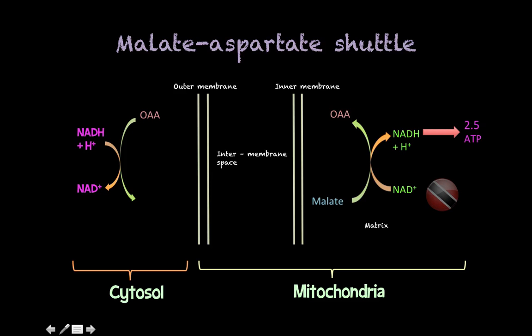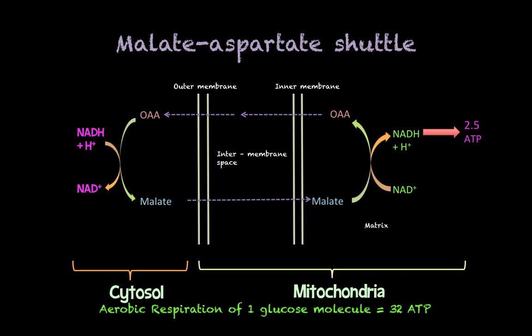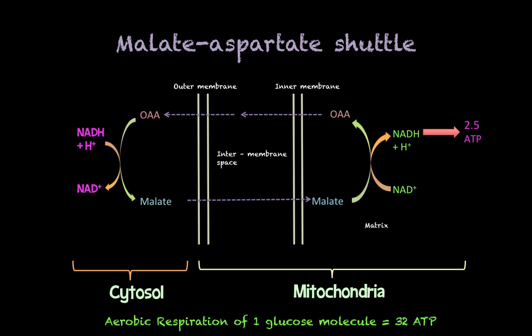It means that for this malate-aspartate shuttle system, as opposed to the glycerol 3-phosphate shuttle we saw before, there's no loss of ATP. Now the oxaloacetate undergoes two reactions, and it then returns to the cytosol. So that's the malate-aspartate shuttle system. One molecule of glucose undergoing aerobic respiration using the malate-aspartate shuttle system will give you your 32 ATP. There's no loss of ATP there.